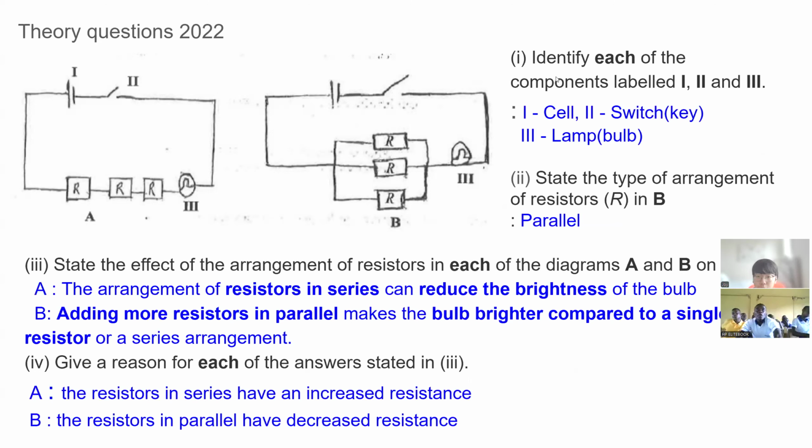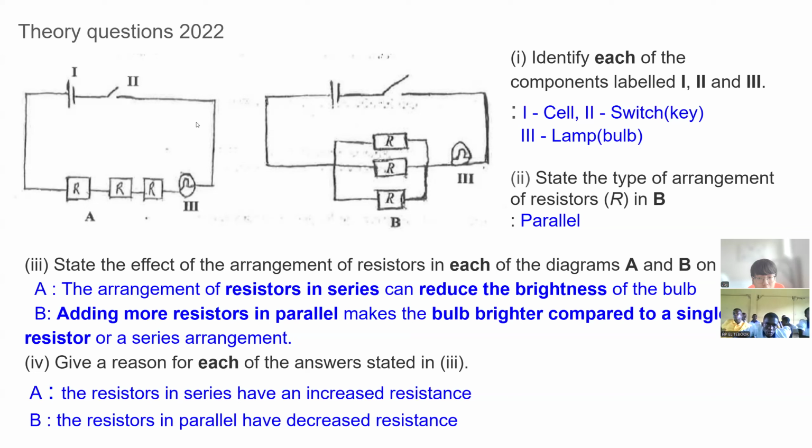First, identify each of the components labeled 1, 2, and 3. Do you know what the symbol for 1 is? Yes, that is right, this is a cell. And what is the 2?